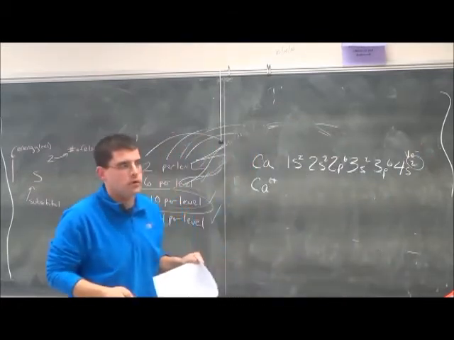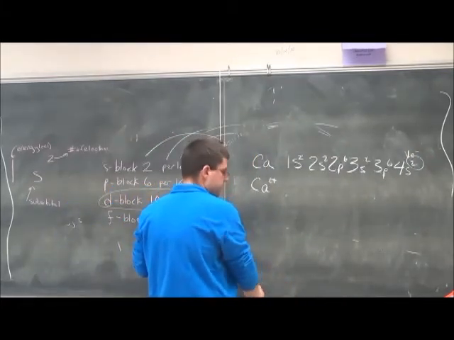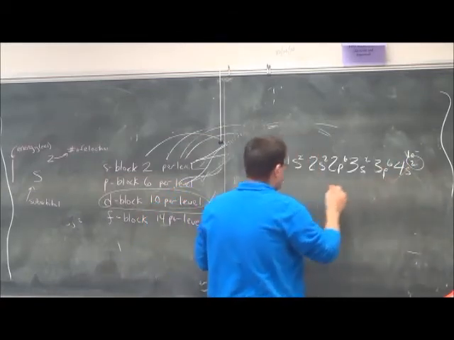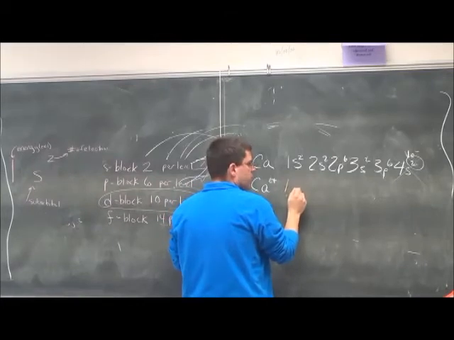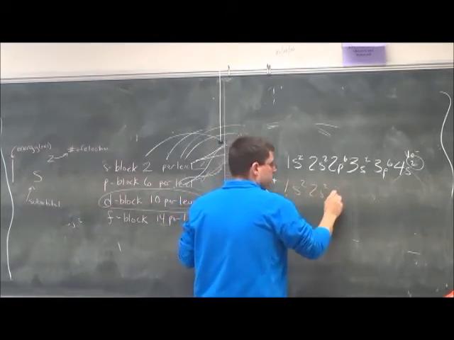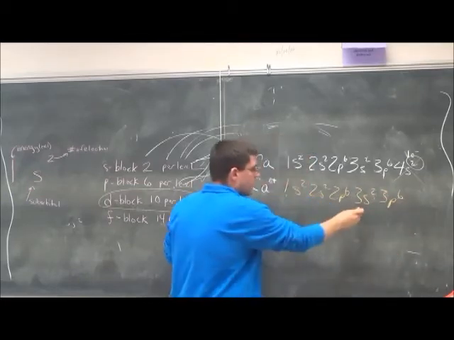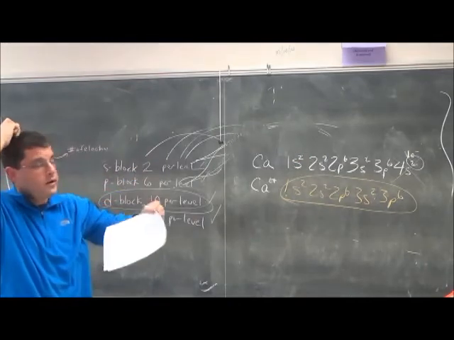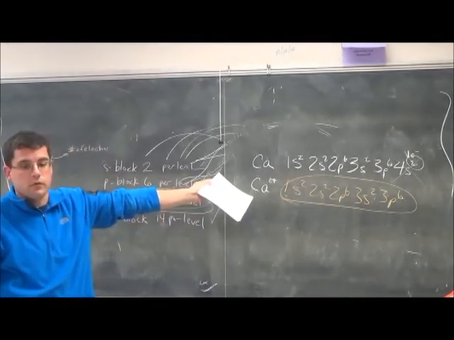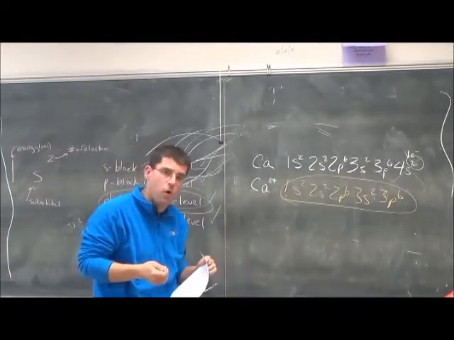Well, when calcium becomes a cation and loses 2, what happens? We get rid of this, and then it takes on this configuration: 1s2, 2s2, 2p6, 3s2, 3p6. Oh my gosh. That looks just like argon. Well, it does, because argon has that full outer shell below energy level 4.